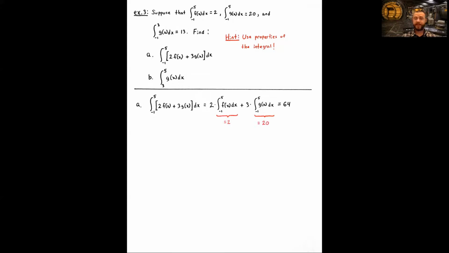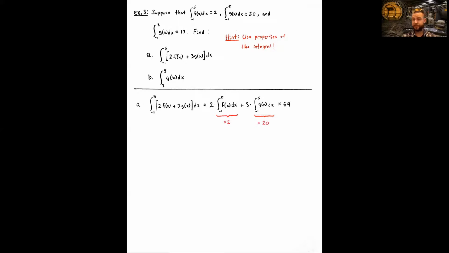So we can take this complicated integral, which is made out of several pieces, and split it into the sum of two integrals involving 2f of x and 3g of x. And then you can pull the constants 2 and 3 out in front of the integral signs.